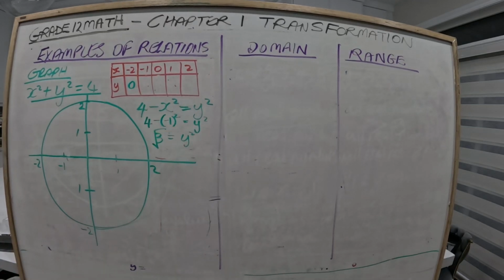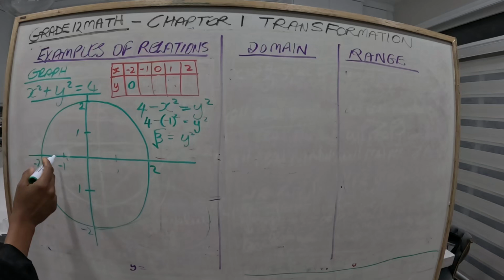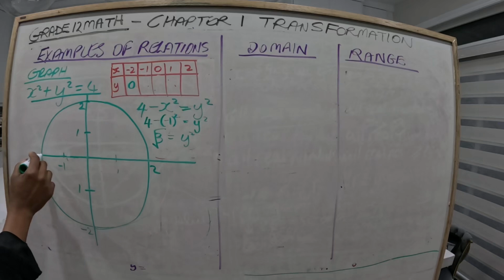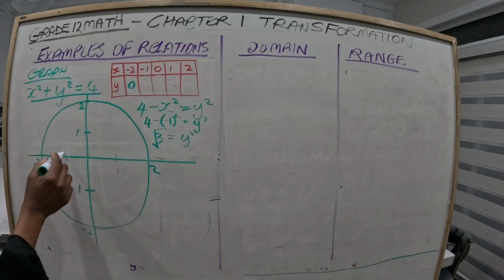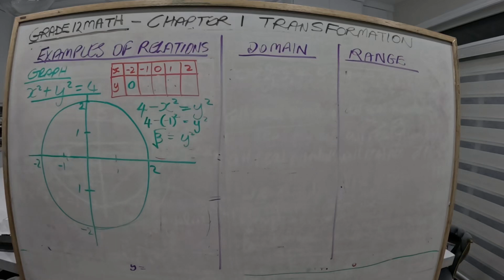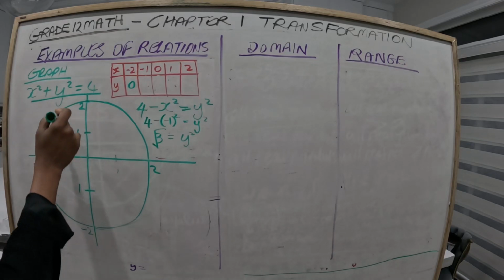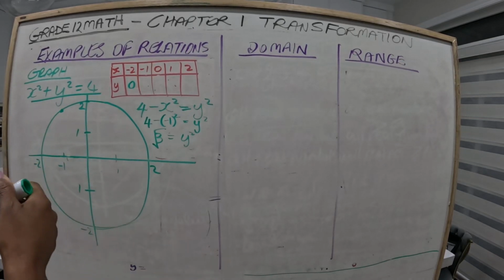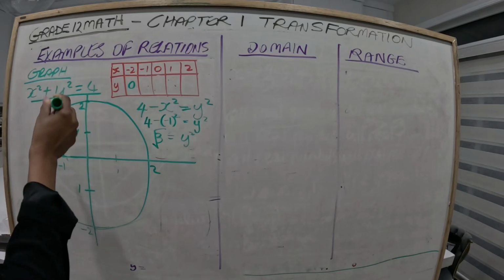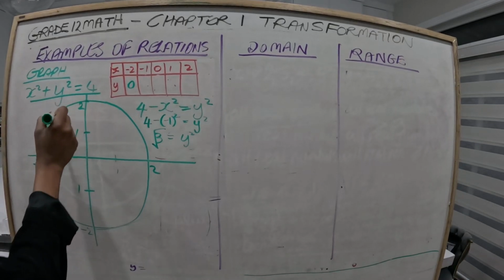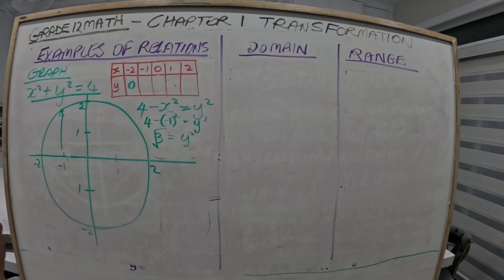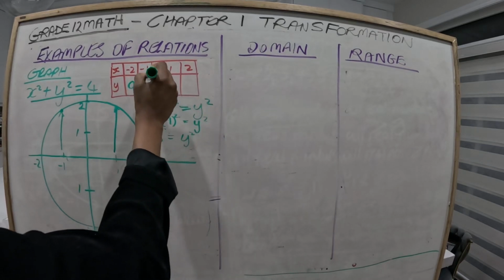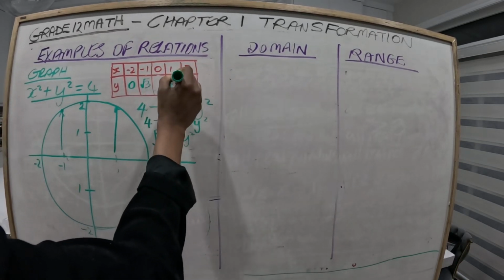So when x is -1, it's 0 point something, or 1 point something, okay? And that's where you have it here. And the same thing will be for this one here, because that will be the same. So this will be the square root of 3. This will be the square root of 3.